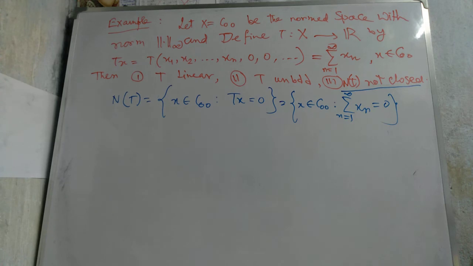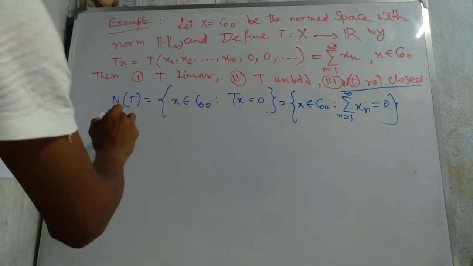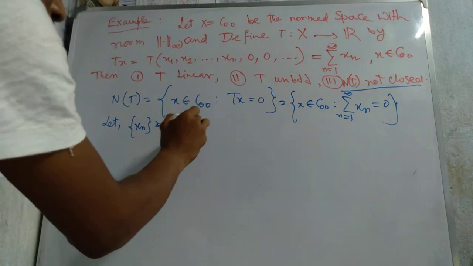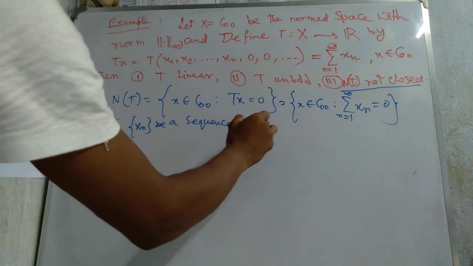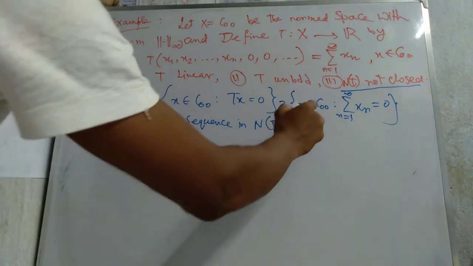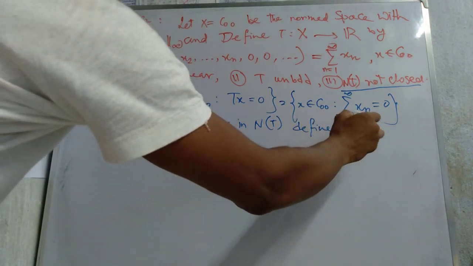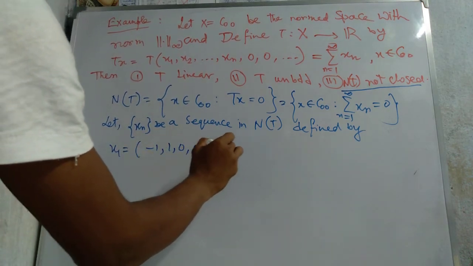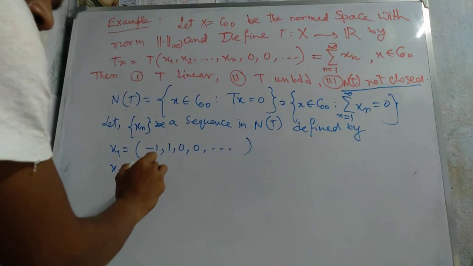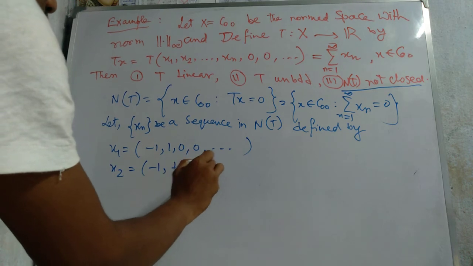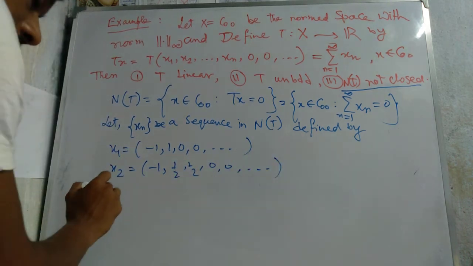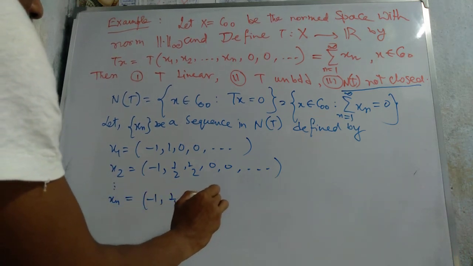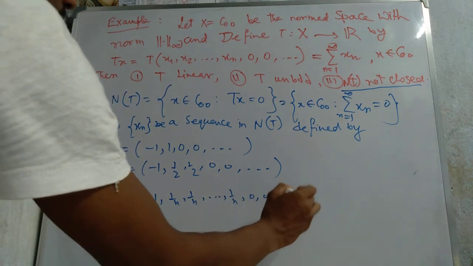Now let us construct xn, a sequence in N(T), defined by x1 equal to (-1, 1, 0, 0, ...), x2 equal to (-1, 1/2, 1/2, 0, 0, ...). In this way xn equal to (-1, 1/n, ..., 1/n, 0, 0, ...).